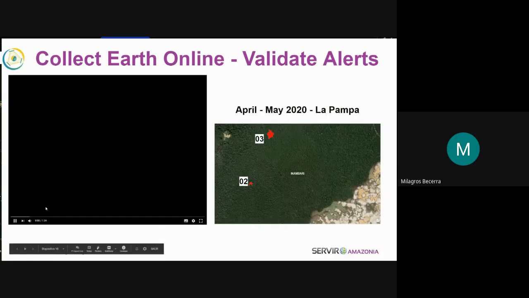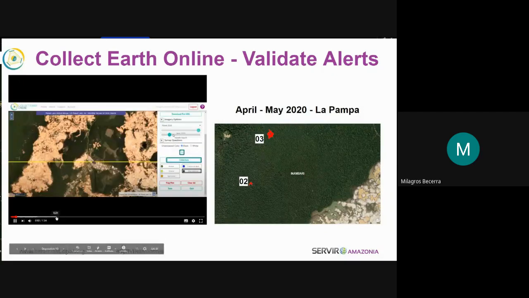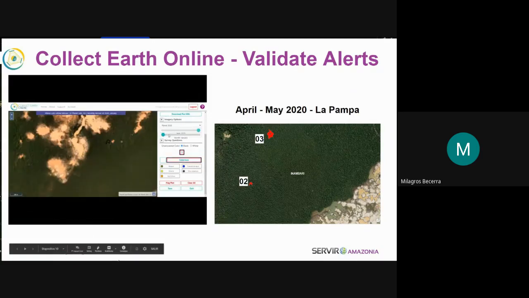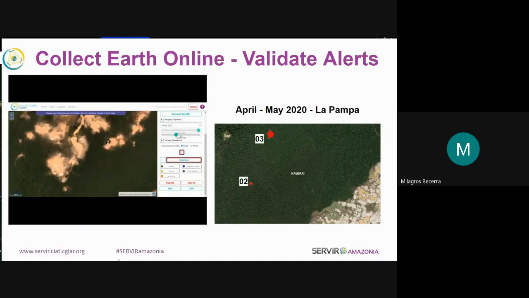You can see how the mine activities, for example, the red polygons are mine alerts. And when you see the Bing Maps image, you can see, for example, it's a forest land cover.